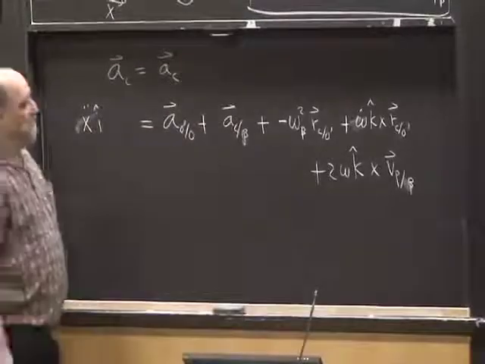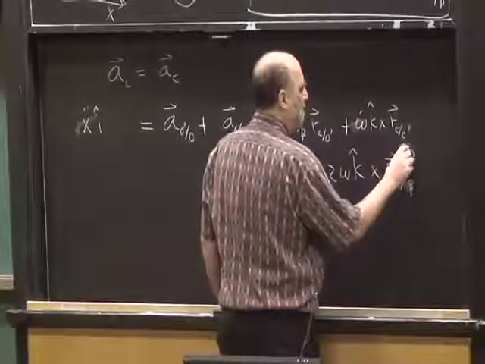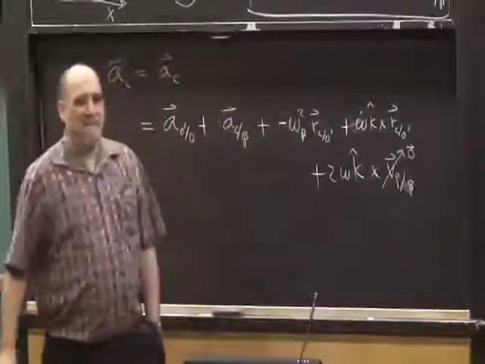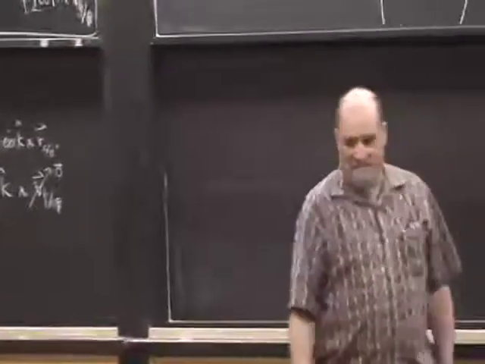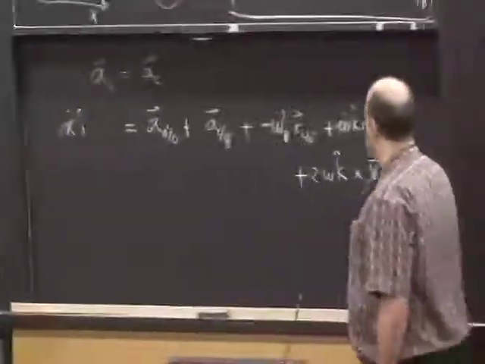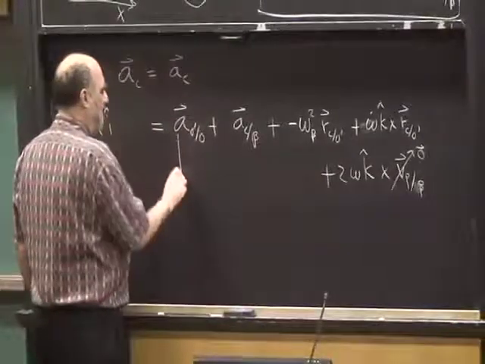Okay, this term we know is 0, so we don't have to deal with this Coriolis term. At least in this way of thinking about the problem, you don't have to worry about the Coriolis term. This term, we know what it is.